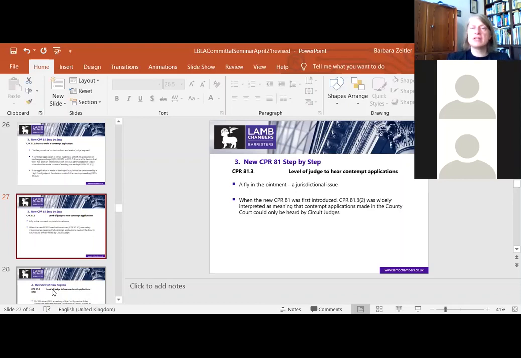There was a jurisdictional issue that arose because the rules under CPR 81.3 were interpreted to mean that contempt applications could only be heard by circuit judges, and that the existing jurisdiction of district judges to hear contempt applications under CPR 2 had been removed.